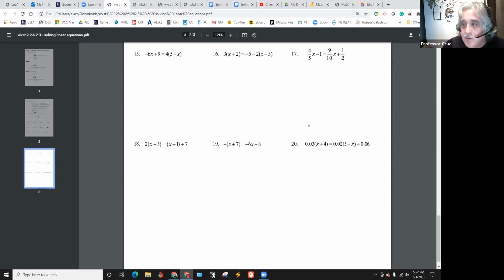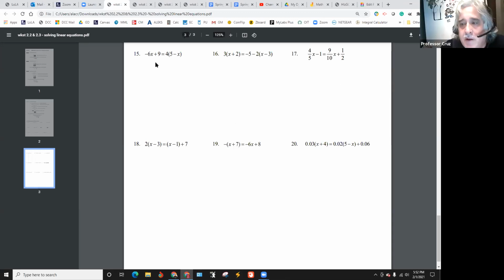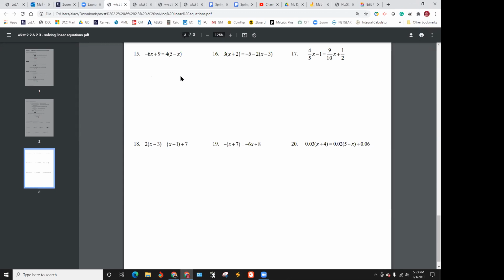Tell me when you get a solution on that first one. I've got x equals 11 over 10. Over 10? Yeah. That seems close, but I'm a little bit concerned about that 10. Okay. It's just 11. 11 seems right, but I don't know how you would be getting that. 10x.